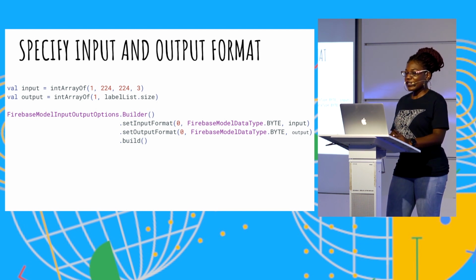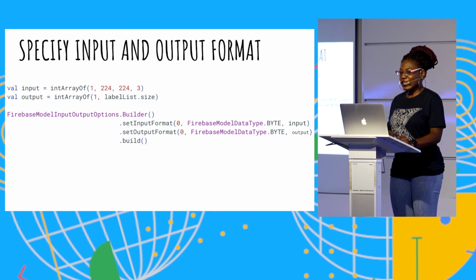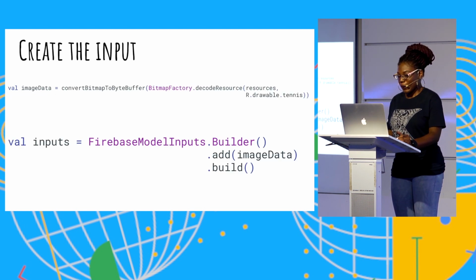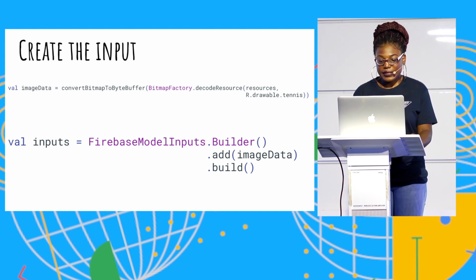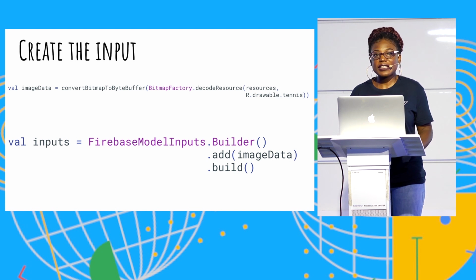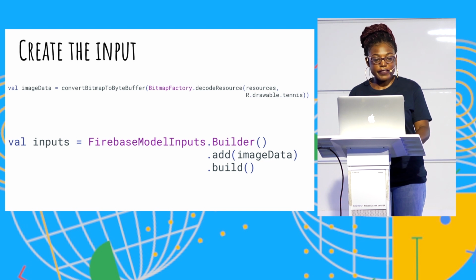So we take that list and then get the size and also return that too. So in this case, we are working with only 1 image at a time, and we need a way to tell that to the MLKit. And this image will be converted to a byte buffer and then sent in through the add method of the Firebase model input builder.